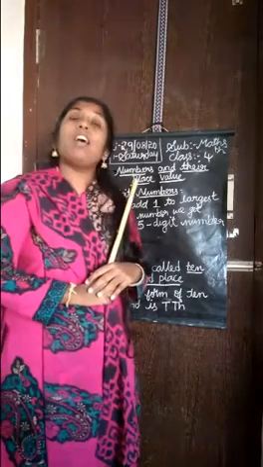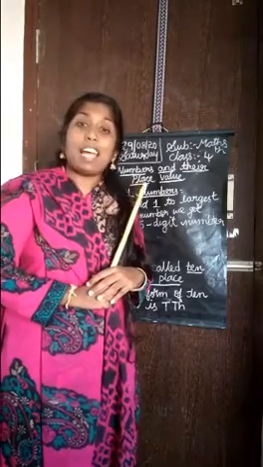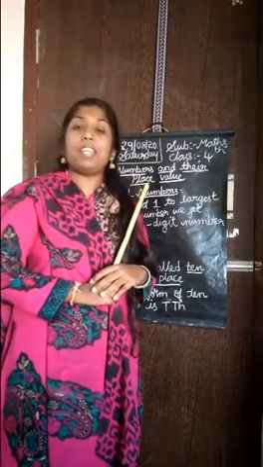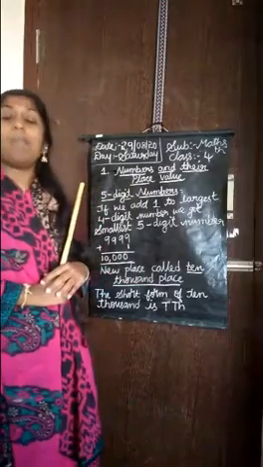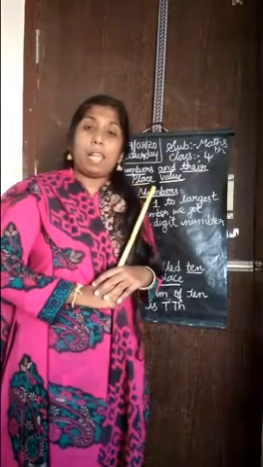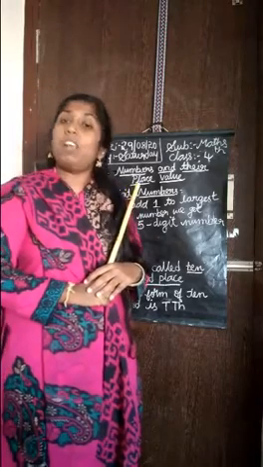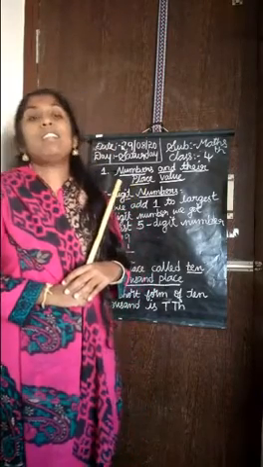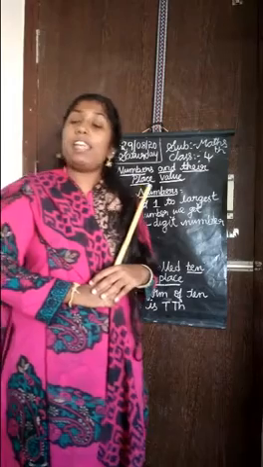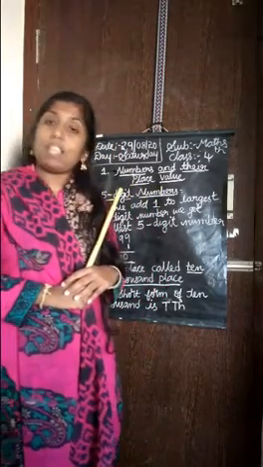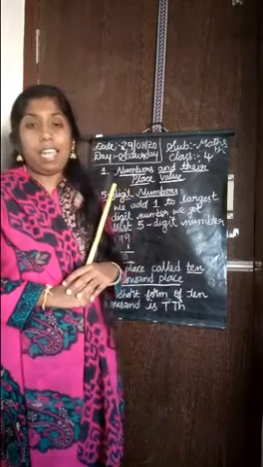What is the largest 2-digit number? The largest 2-digit number is 99. If we add 1 to the largest 2-digit number, we get the smallest 3-digit number. 99 plus 1 is how much? 100. 100 is the smallest 3-digit number, right?